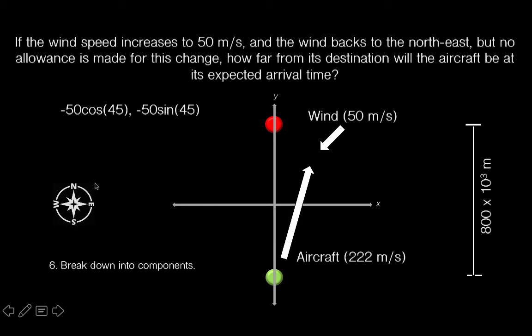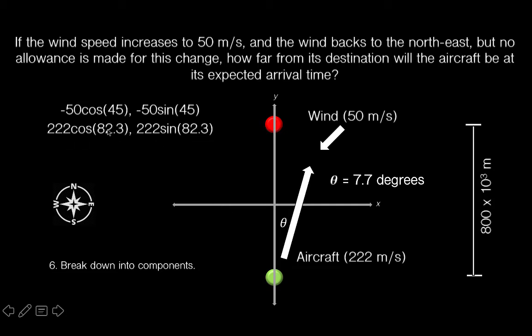Northeast is right in between north and east, obviously. So half of 90 is 45, and that's where we get this 45 degrees from. We also have this theta that we calculated originally, which is 7.7 degrees. That's going to come in handy when getting the components for the aircraft.